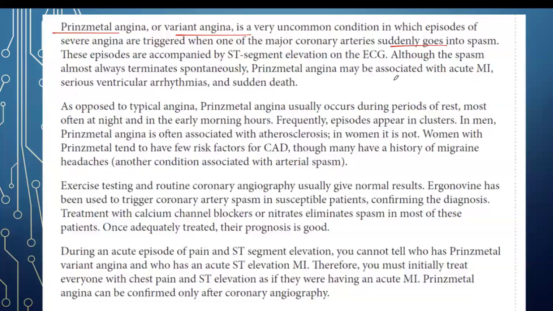If the coronary artery is normal like this, and then goes into a spasm like this, definitely there will be vasoconstriction and the blood supply will be less. That's when sometimes the patient can also get ST segment elevation on the ECG. As opposed to typical angina, Prinzmetal angina usually occurs during periods of rest, most often at night and in the early morning hours.